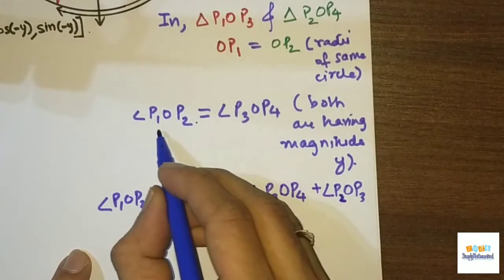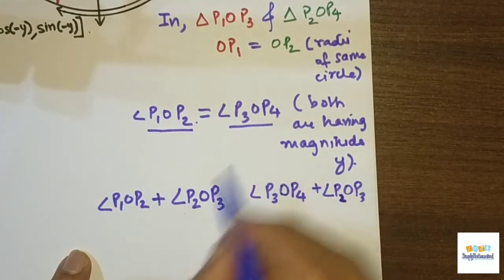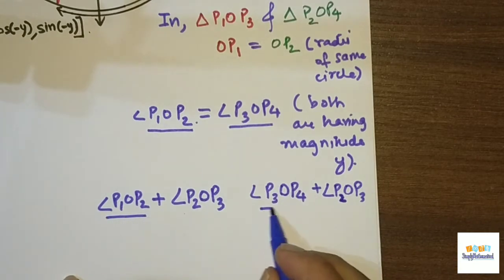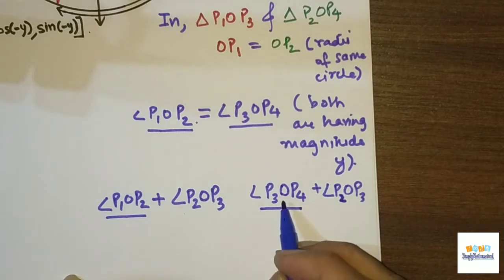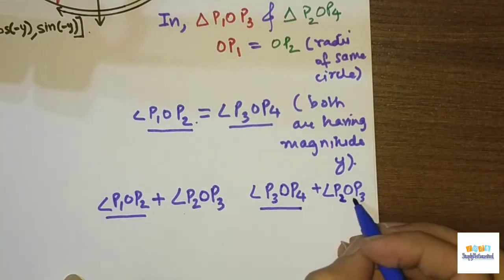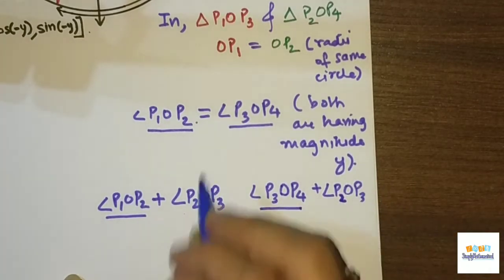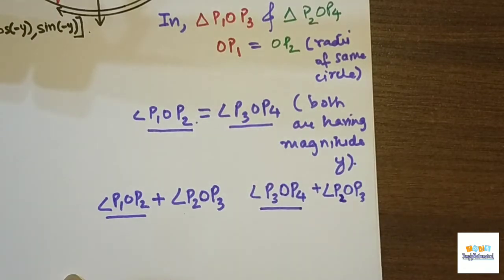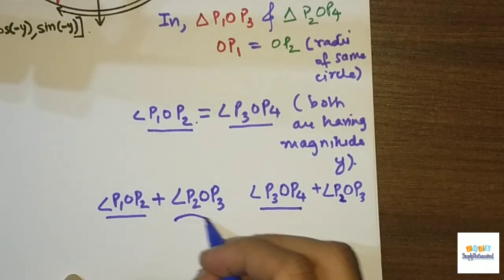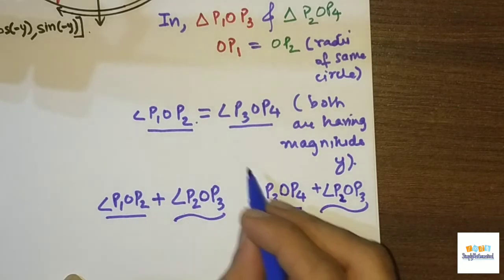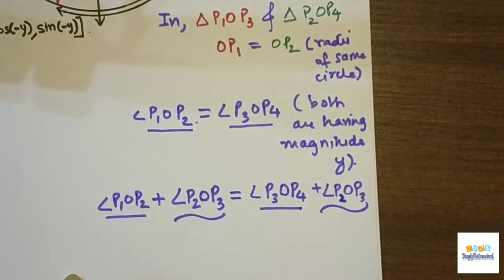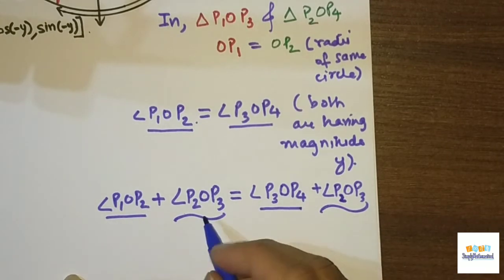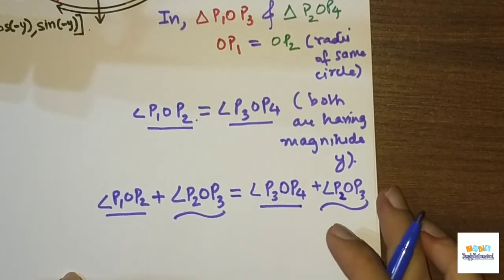Now what you see is, this was equal to this, right? That means this was earlier equal to this, from this step. These two are equal. Now we are adding the same quantity on both sides of this equation. So both will be equal because you are adding the same quantity on both sides of the equation.